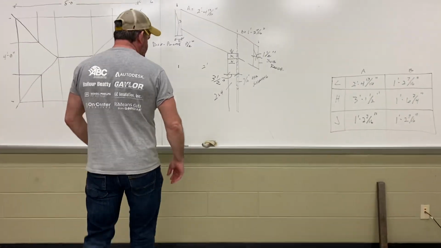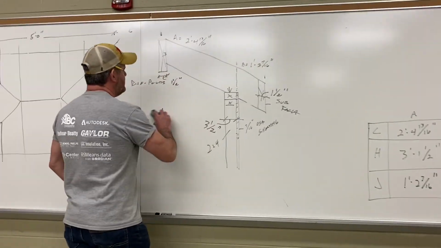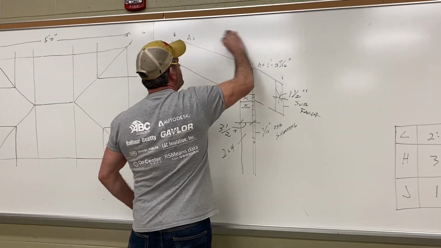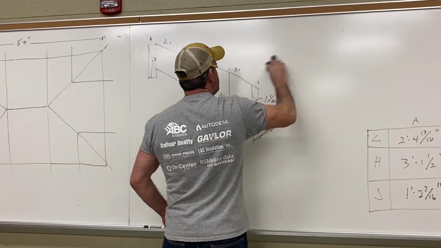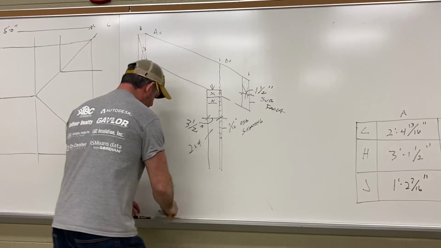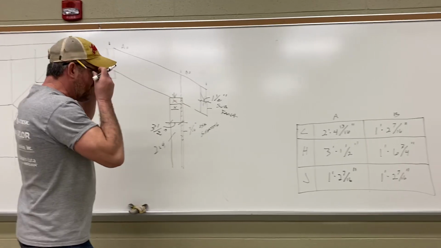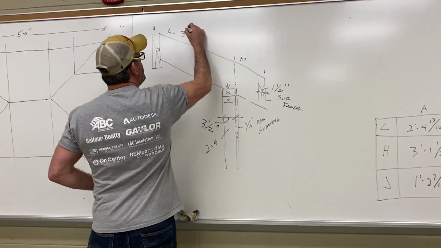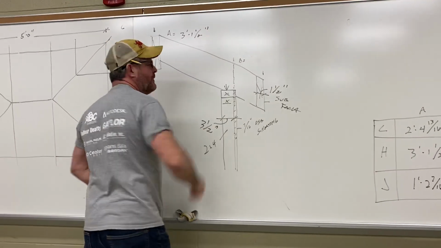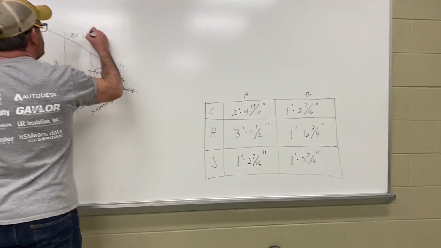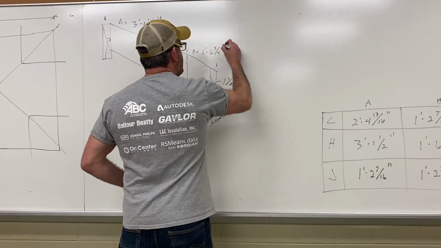So now for our hip. My A is 3 foot 1.5, and my B is 1 foot 6 3/4. Significantly longer than my common.